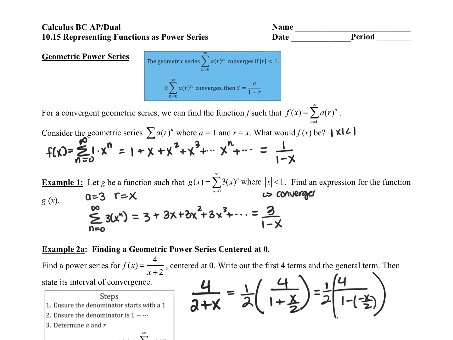Now from here, sometimes you'll see people write the A in the top part. Other times they'll write it in front. So you can either pull out the 4 with the 2 and write this as 4 halves over 1 minus, like that.